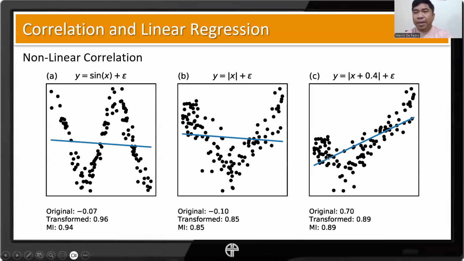Same thing here. If we have an absolute linear like this one, with the downward trend and the upward trend, we use the absolute values only. Then from 0.7, we can further improve this to 0.89.